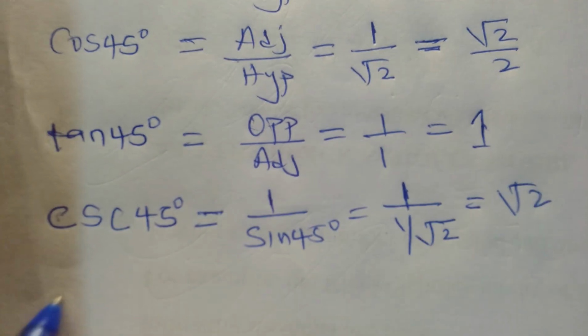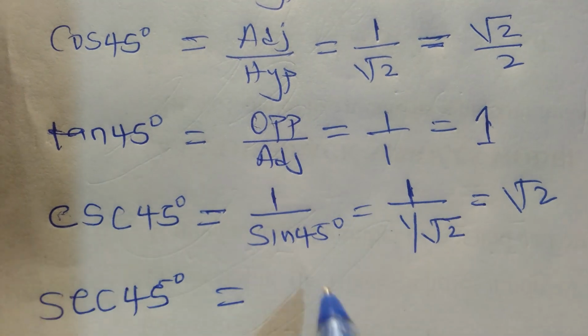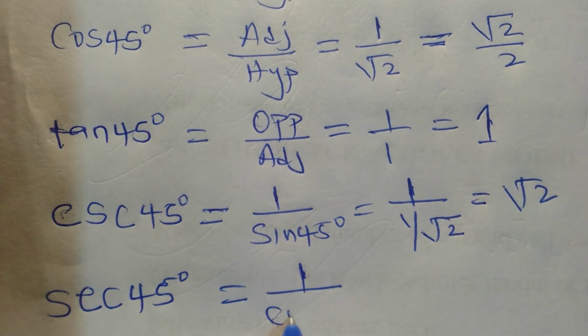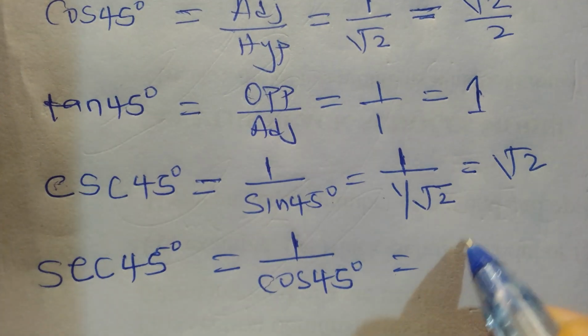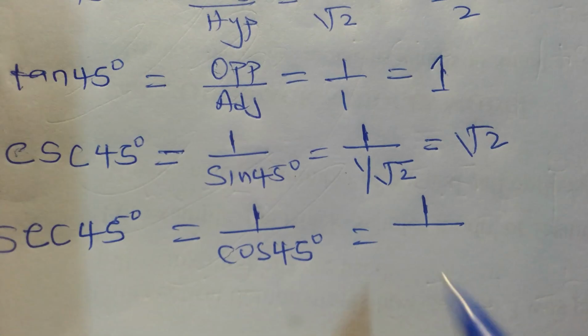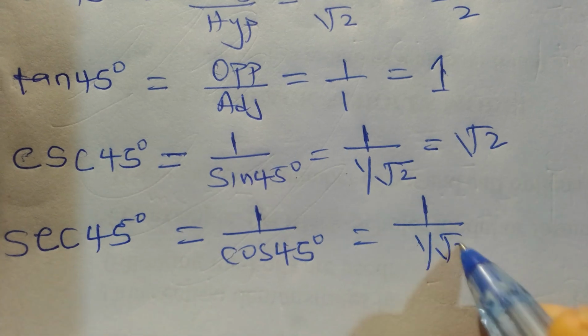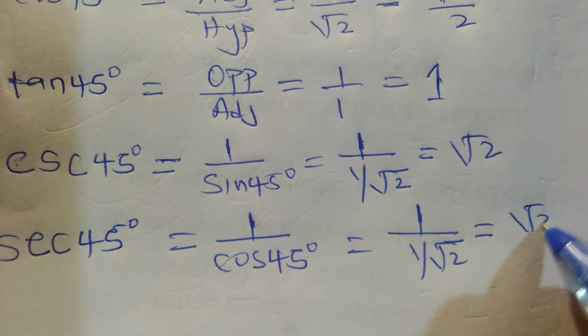The same thing with secant 45 degrees, which is 1 over cosine 45 degrees. Cosine 45 degrees is 1 over root 2, so that gives root 2.